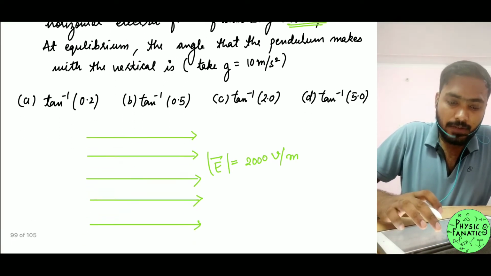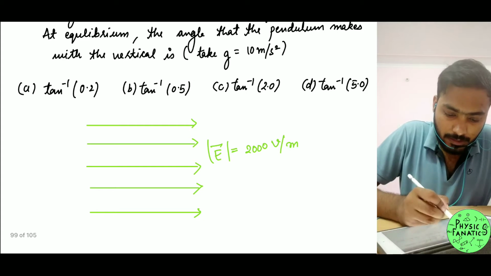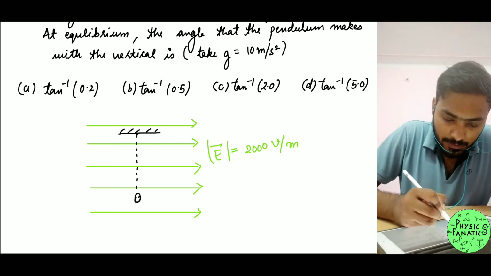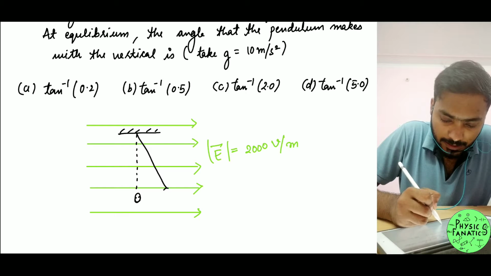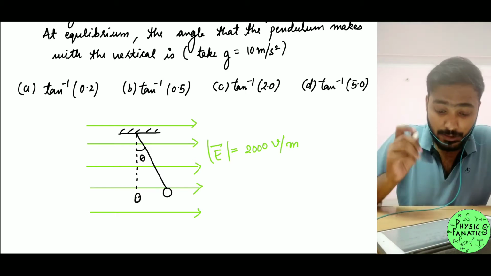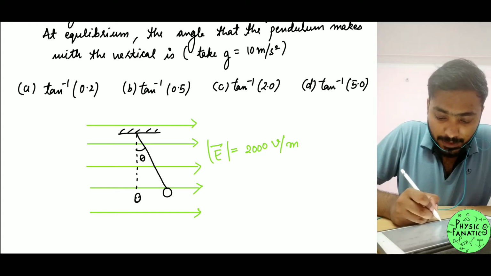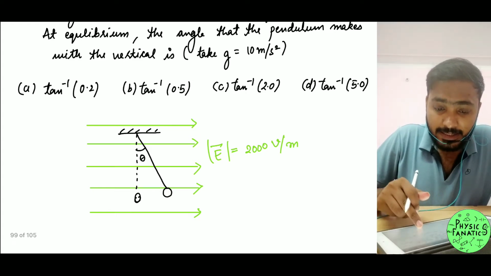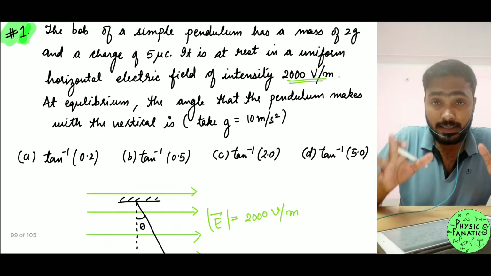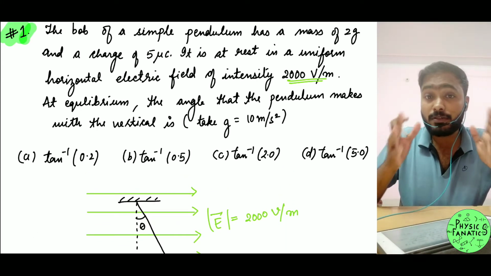So basically we will be having a pendulum. Let's say this is a fixed place, and this is the mean position of the pendulum, but anyway it has some angle of inclination because we are supposed to find out this value theta. Now the question says that it is at equilibrium at this position. That means the bob is not moving there.